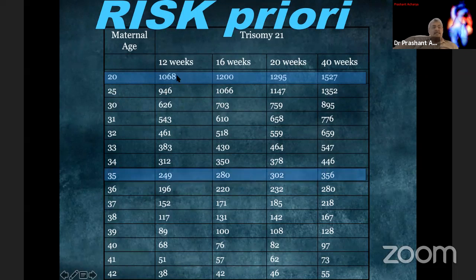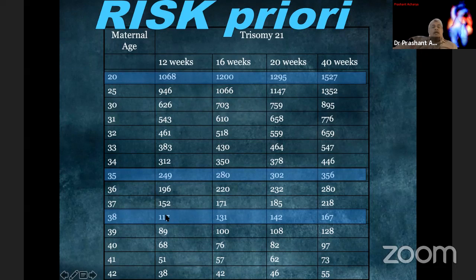But as the gestational age grows, the chances decrease. For the same 20-year-old lady, it reduces from 1 in 1068 to almost 1 in 1500 at term, because they don't survive in utero. But as the maternal age increases from 20 to 35 and 38, the same lady will have increased chances of delivering a Down syndrome.